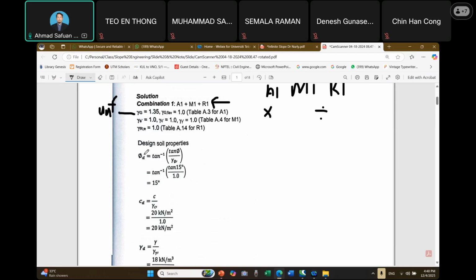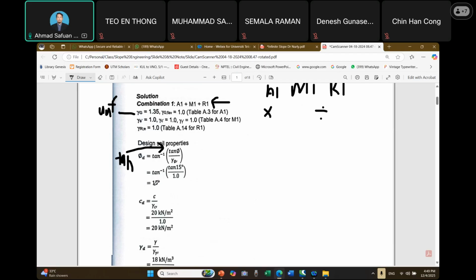To get the design parameter, the material value, we take the tangent and divide with gamma phi, then take the inverse tangent, because the original equation has a tangent, and this also has a tangent. To get phi d, we move this to the left and right, then we use the inverse tangent approach. So then phi d is equal to 15.